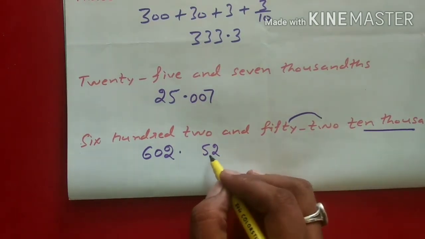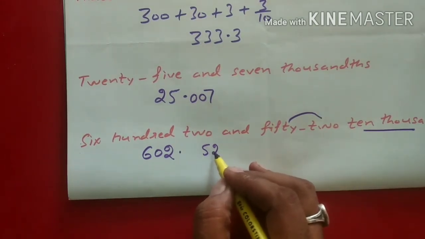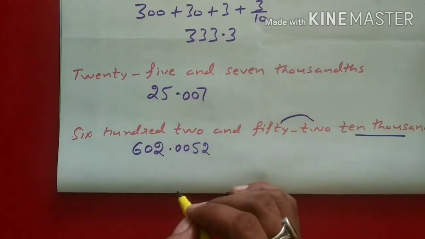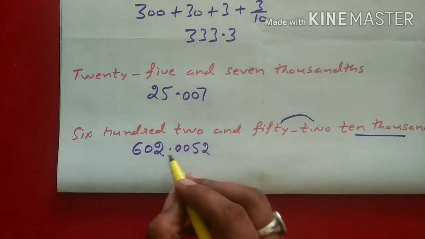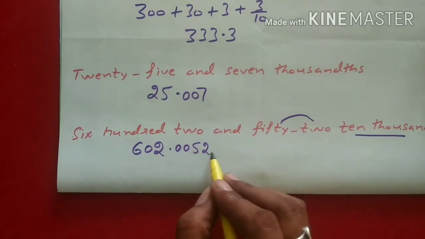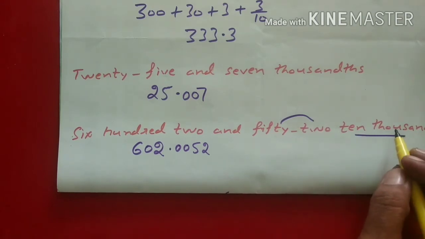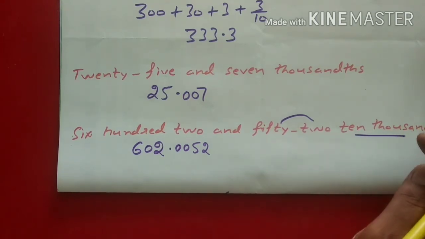But here there are only 2 digits in the 52. So how many zeros will you have to write? You will have to write 2 more zeros after the decimal to make 4 digits, as 10,000 has 4 zeros. So student, in this way we have learned our first topic in decimal fractions.